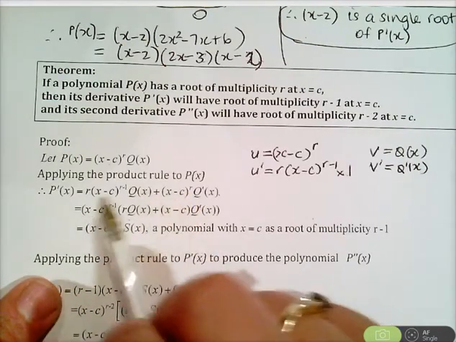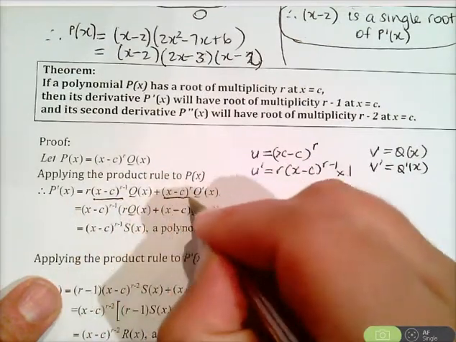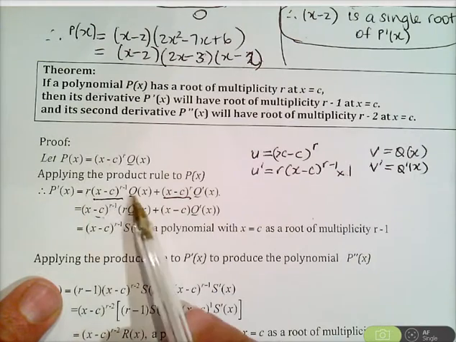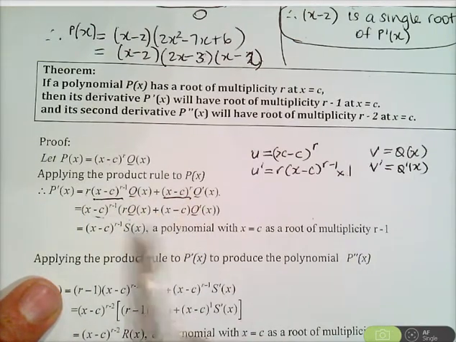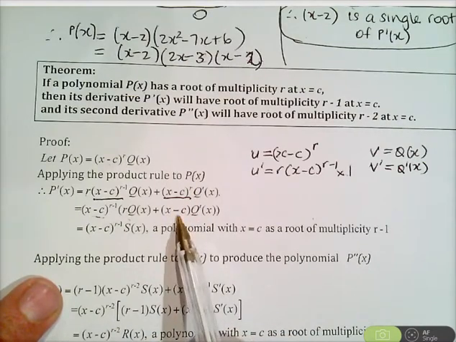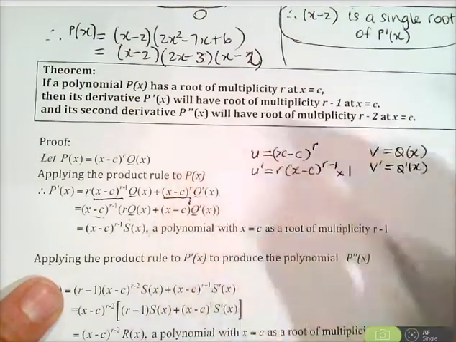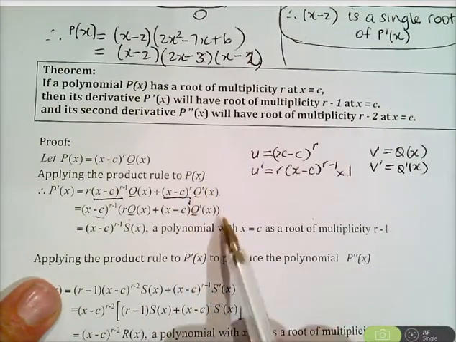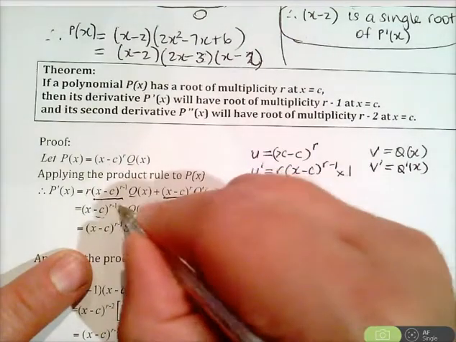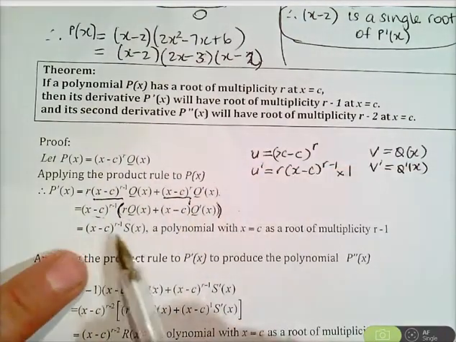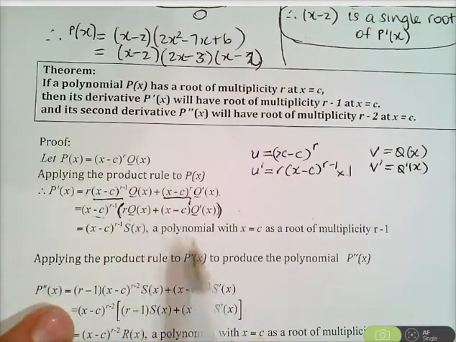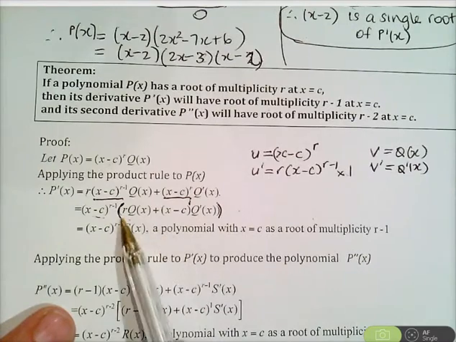If that's pulled out, we've still got r times q of x plus, r minus 1 plus 1 gives us r, so there's still one lot of x minus c, because that's to the power of 1, times q dash x. Putting all of this together, this is x minus c to the r minus 1 times s of x, where we've just let s of x be this new polynomial.